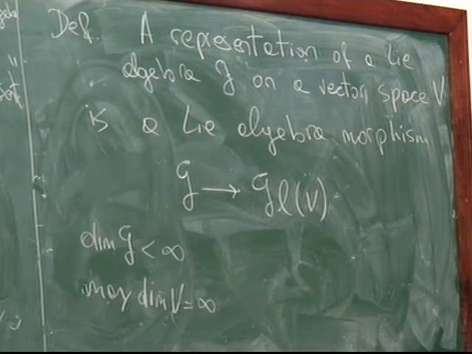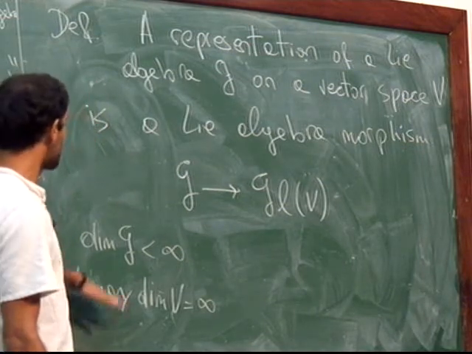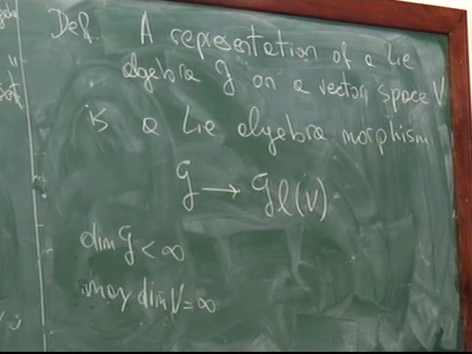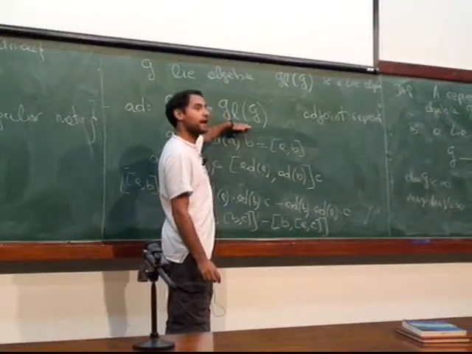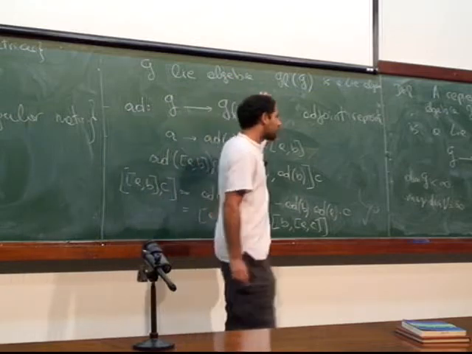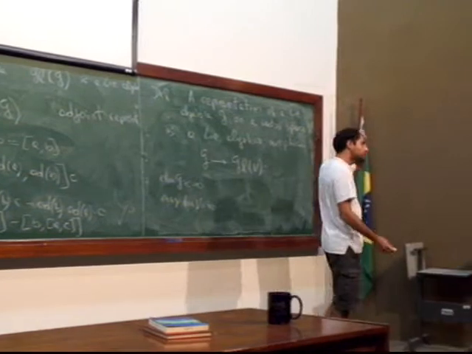Namely, there are interesting infinite dimensional representations of finite dimensional Lie algebras. In particular, every Lie algebra has a nice representation, which is the adjoint representation, GLG. Now, you may ask, is it true that every Lie algebra is a subalgebra of GLN for some n?